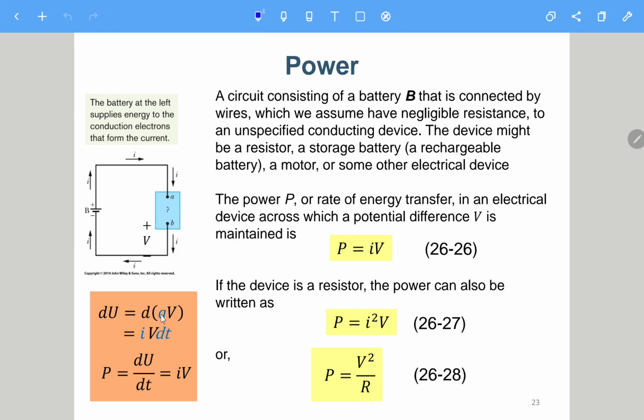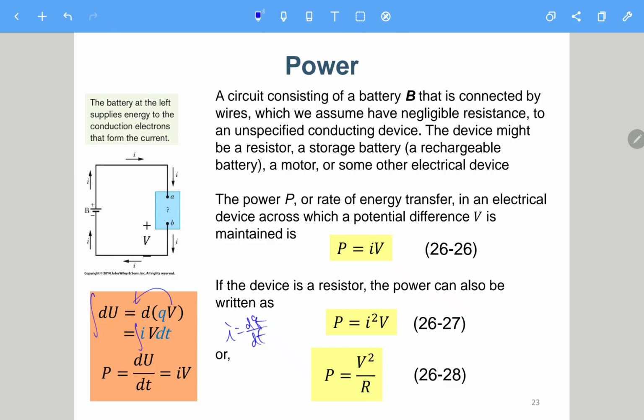Here we make v a constant. So we have dq, and if you still remember, I equals dq over dt. So dq equals I times dt. So we have I v dt.